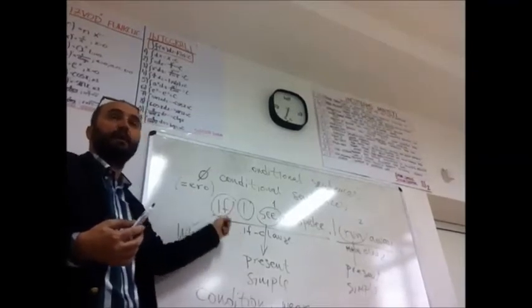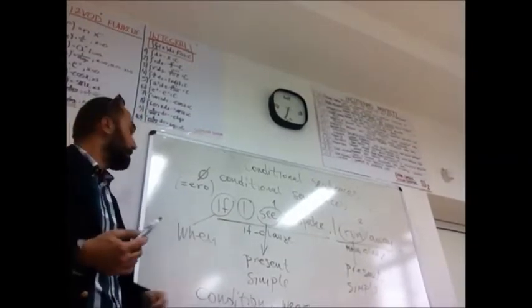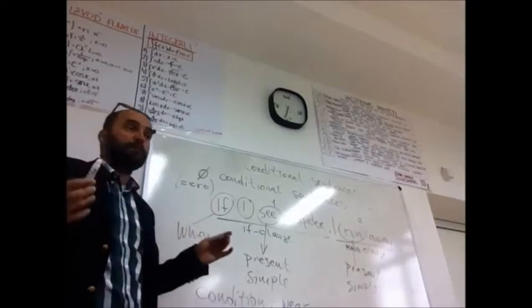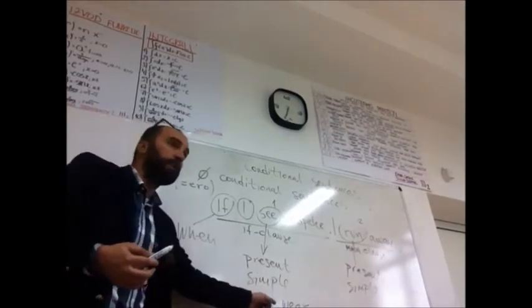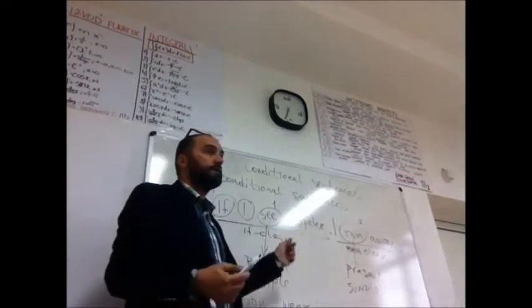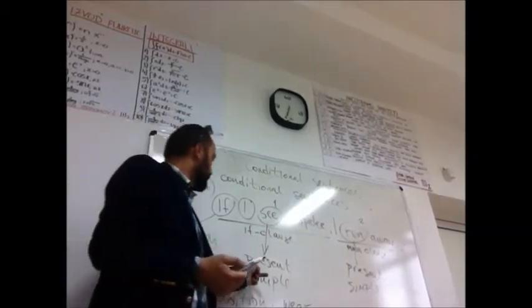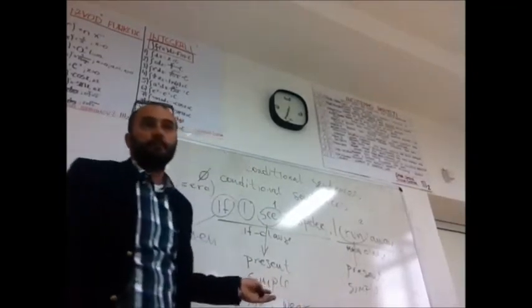So we're talking now about the zero conditional type. You have to remember that the condition is weak, and in both of these clauses you have the same tense. Present simple, present simple. Piece of cake.